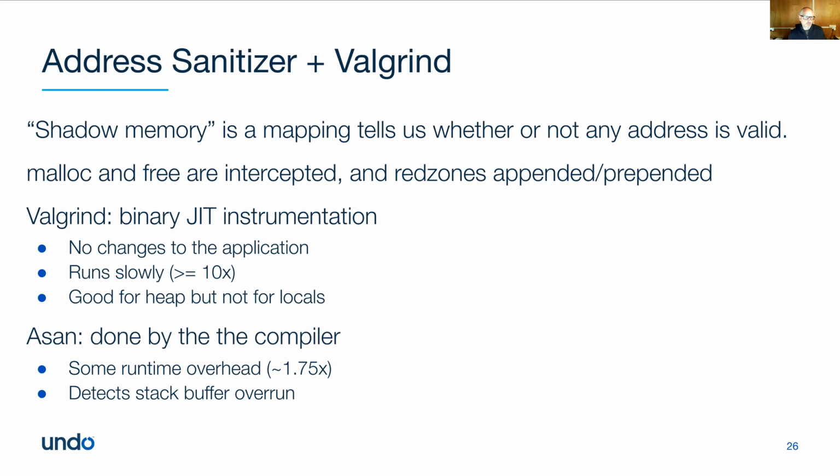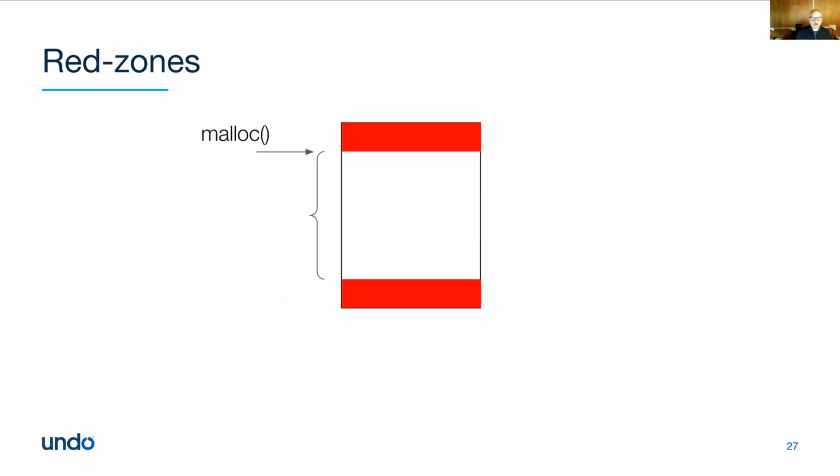It does depend a bit, but generally an eighth of the memory that your program is using, yet still does byte-level checking. And they put these red zones above and below, right? So why do we need red zones and the shadow?